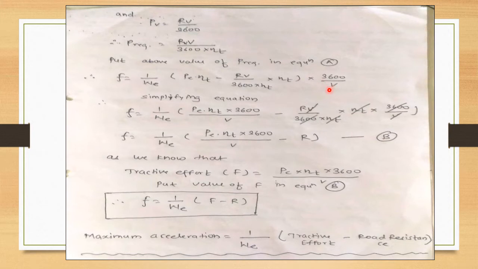Simplifying this equation, V gets cancelled, eta t gets cancelled, 3600 and 3600 get cancelled.